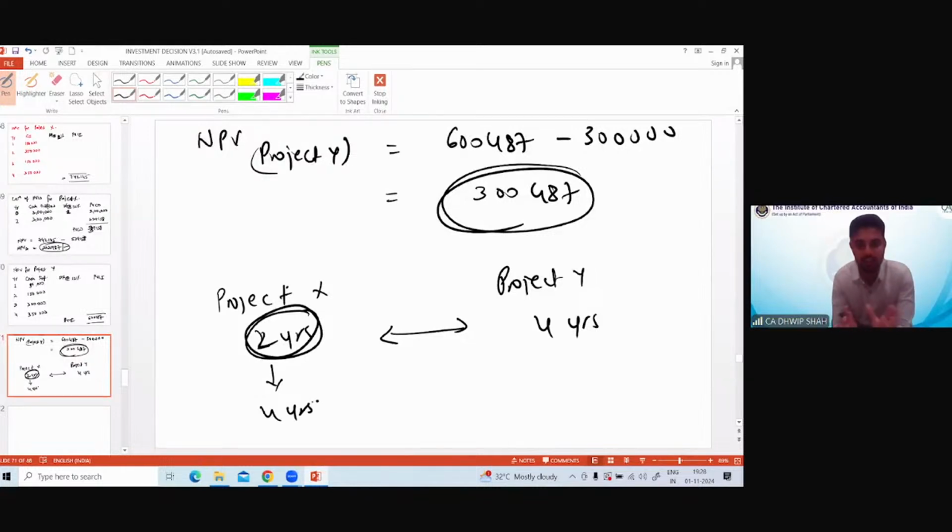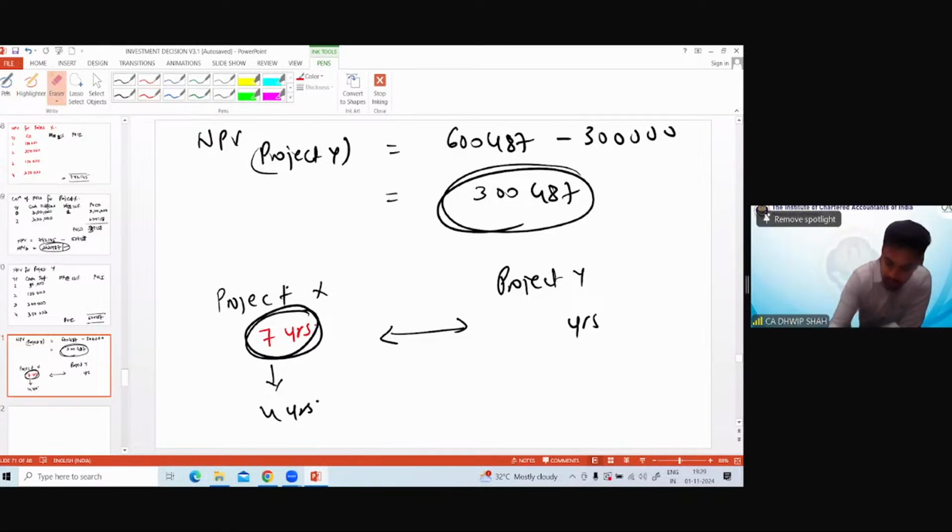Yes or no? It is a very simple illustration. But what if the life of project X is 7 years and life of project Y is 11 years? In that case, how will you solve? How will you use replacement chain method? Bolo.